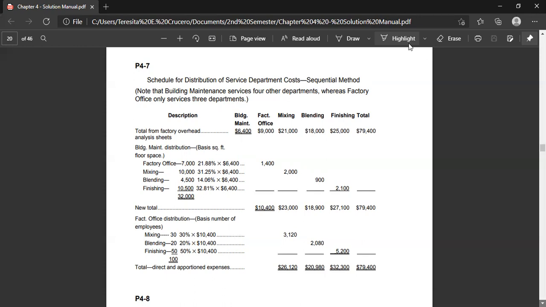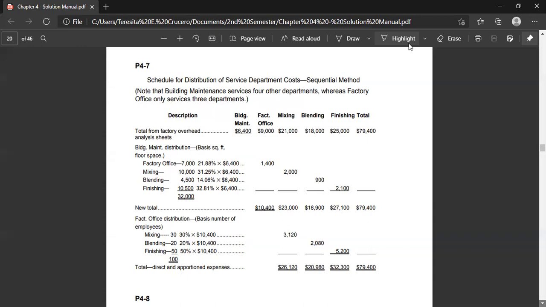These are your total direct and apportioned expenses which will be used in determining the cost per unit. So for example, you're asked to determine the cost per unit in mixing. Now you divide the total by the number or the base, whatever is the base in computing your cost per unit for mixing and for blending.